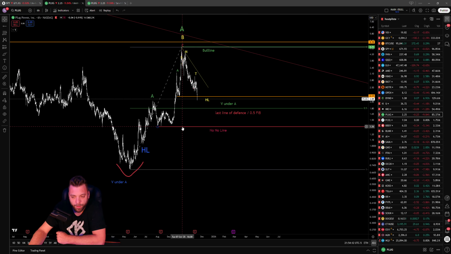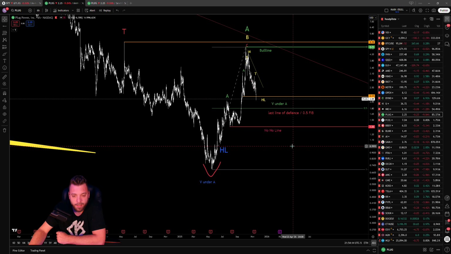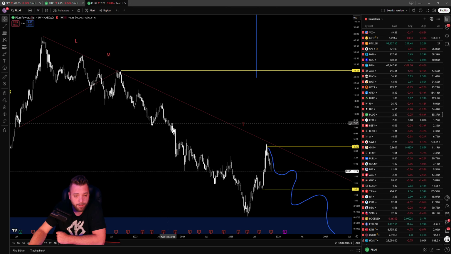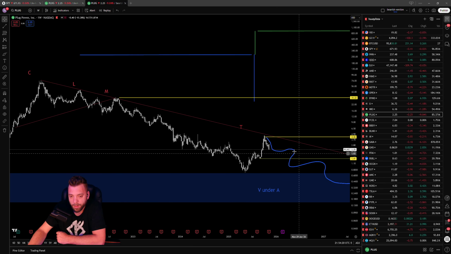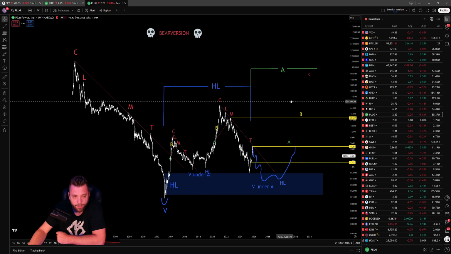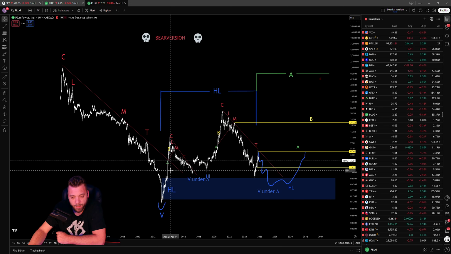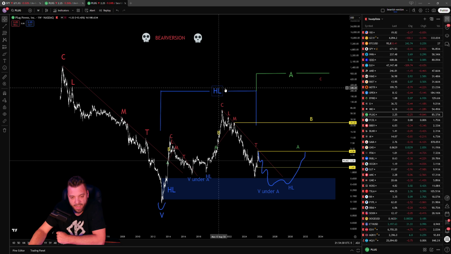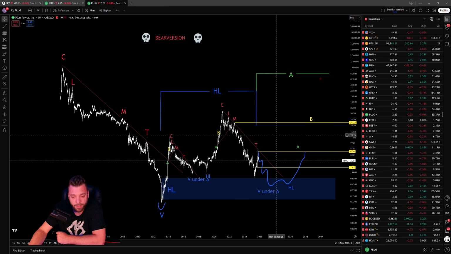If you go under 136, then the bullish version for me is dead, and the bearish one will overtake. Nothing would really change except one important thing. You would still have this higher low and your A, but the higher low wouldn't be finished yet.